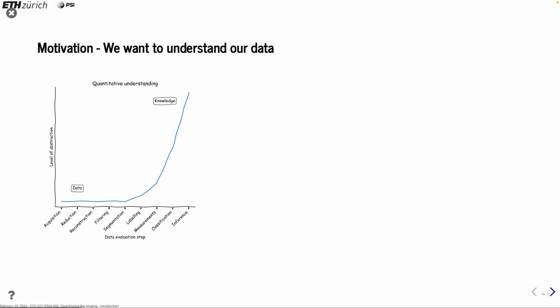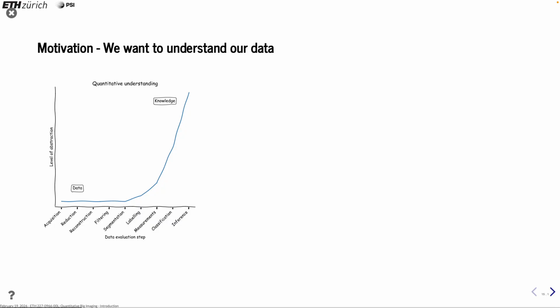The whole workflow is that you acquire the data, and this plot shows, in principle, the level of abstraction and what steps you have to do to reach that. In the beginning, you only have data. You have images, which you can look at. They may be nice, they may not be nice, which is often the case.